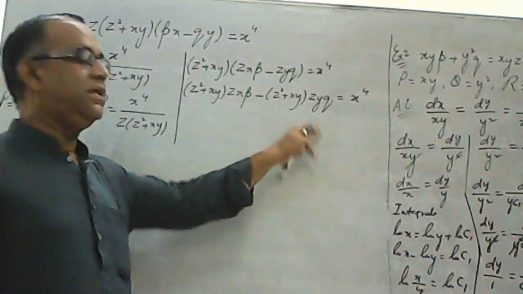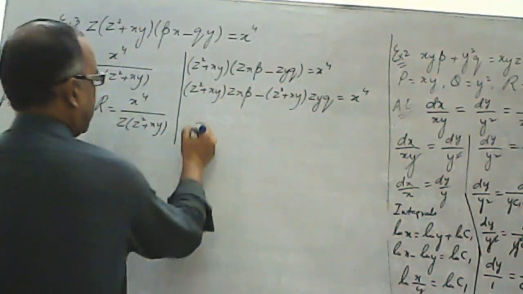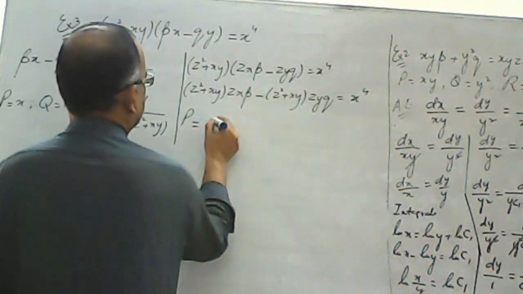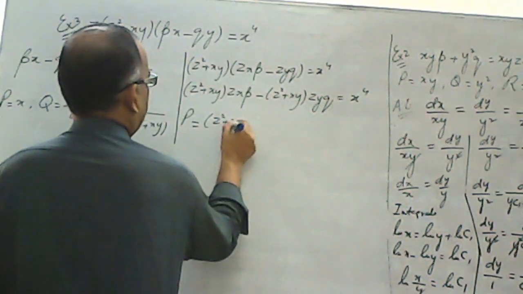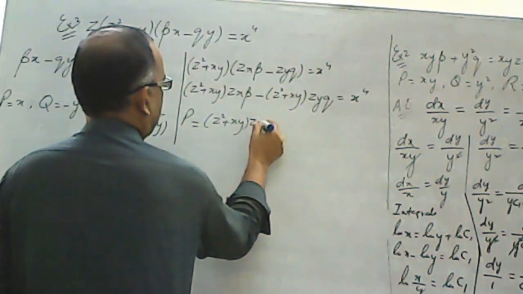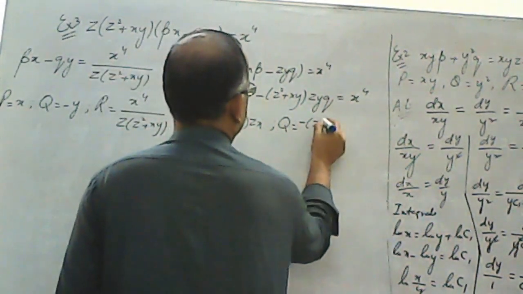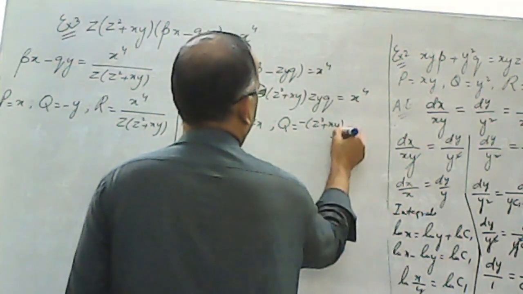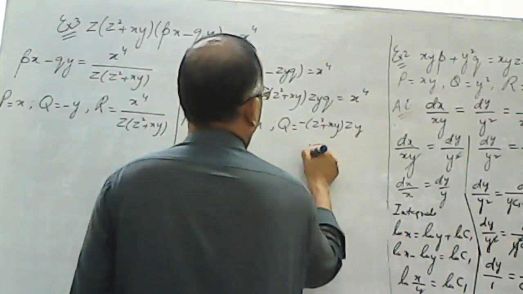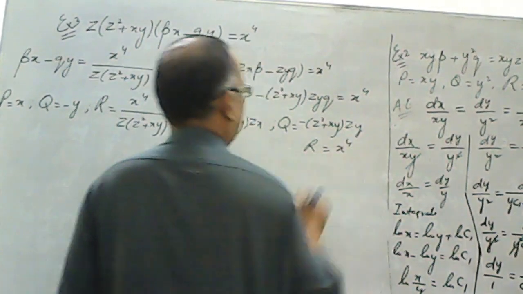Now again this is in its standard form, because here capital P is z square plus xy into zx, capital Q is minus z square plus xy into zy, and capital R is x power 4.